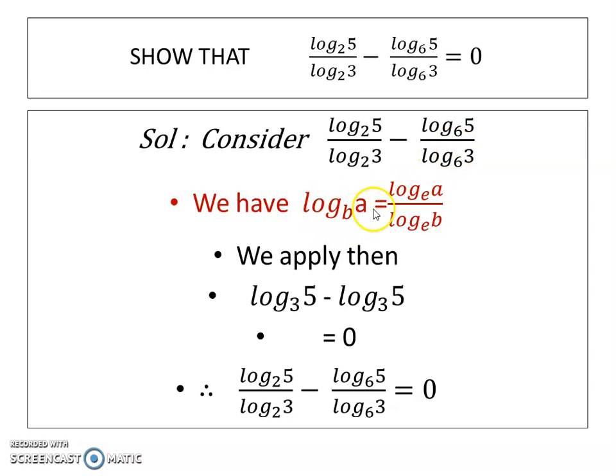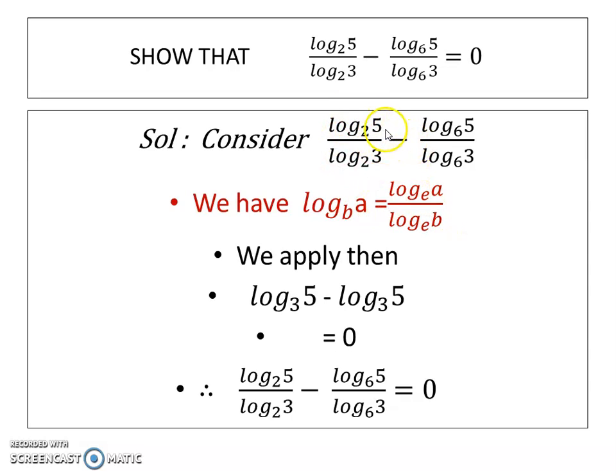We know that log a to the base b is equal to log a to the base e upon log b to the base e. That means we have to change these bases, based on the simplest step of the example. Here e is the general term. We observe that these bases are the same in this first term and this one is the same, so we can directly apply.